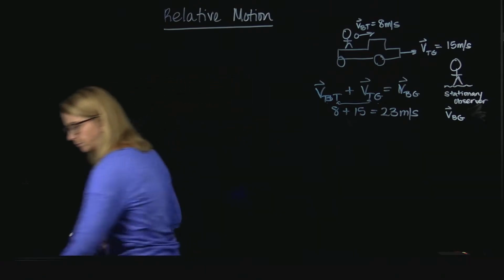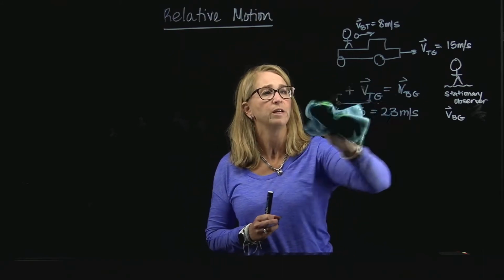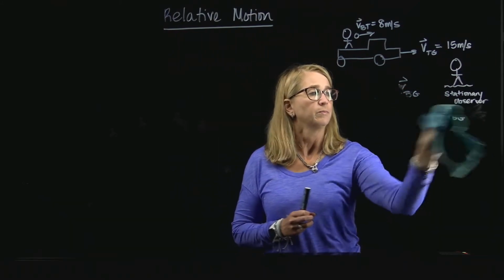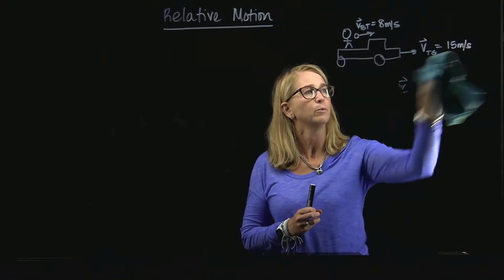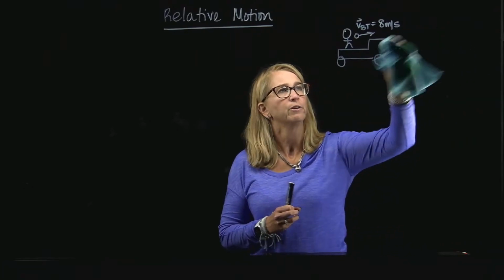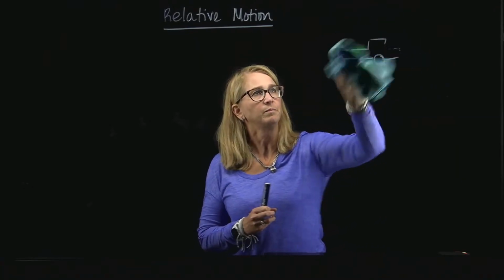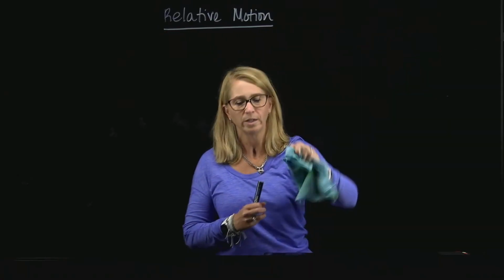So now I want to look at this situation in 2 dimensions. We're not going to look at a specific scenario at first, but draw it using 2 different coordinate systems.